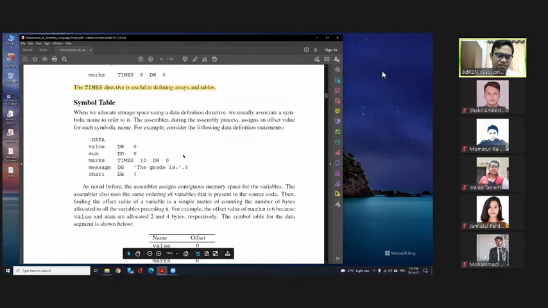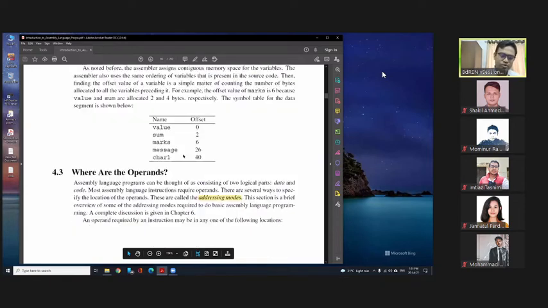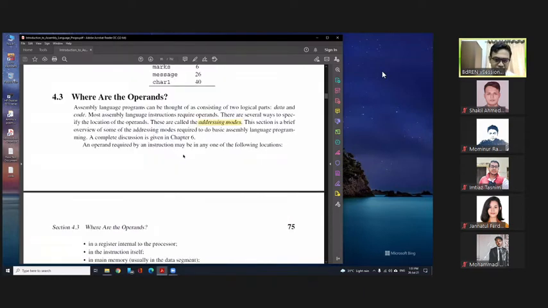After that, we have discussed that there are 4 different places where we have to store our operands. I think you know what operands means. Operands means, if you want to do some operation, for example, you want to add 2 numbers, those 2 numbers are the operands.